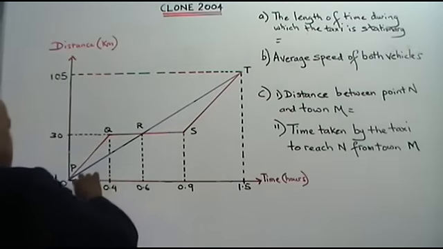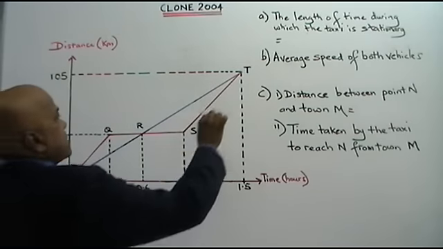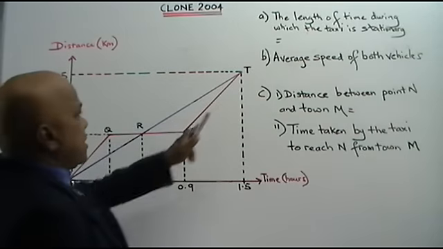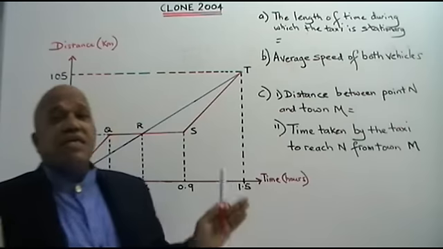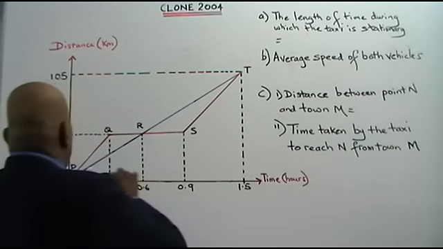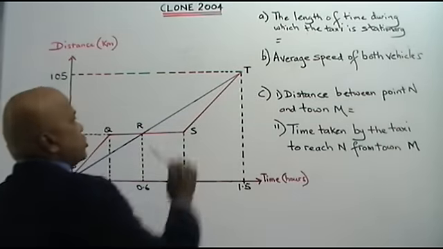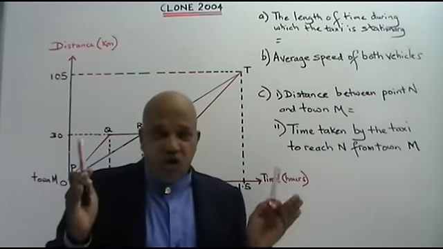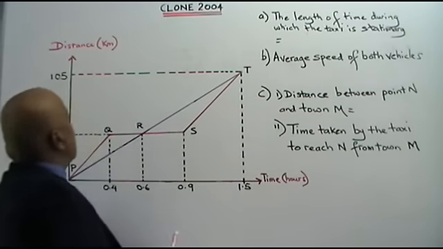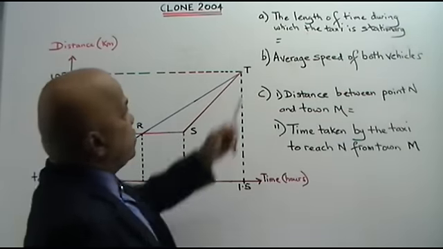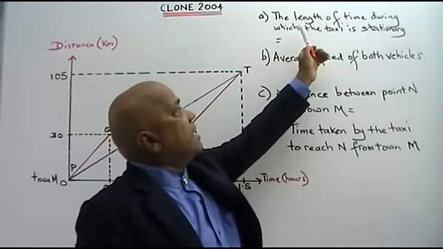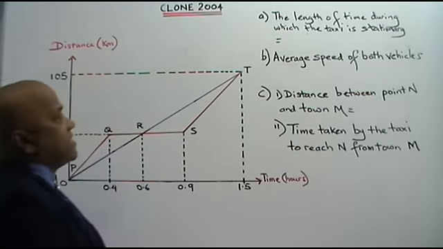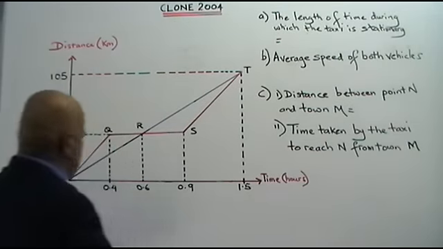Now PQRST shows the journey of a taxi. PRT shows the journey of a lorry. Okay. Now part A, you are asked to find the length of time during which the taxi is stationary.